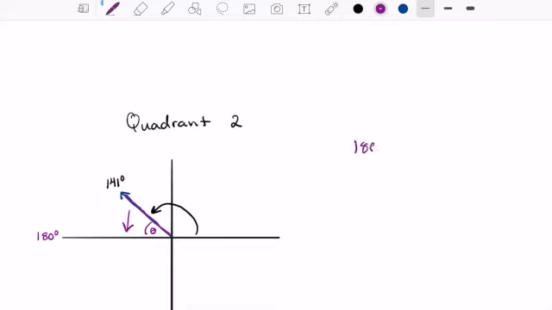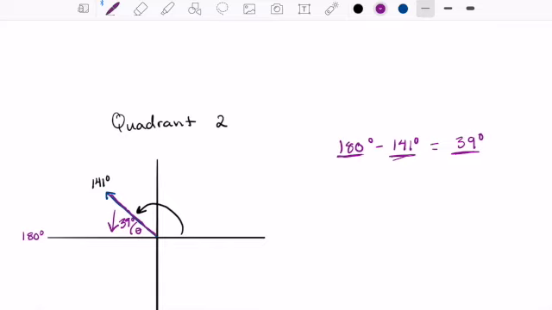So 180 degrees minus 141 degrees is going to be 39 degrees. That is our reference angle. Since we get 39 degrees here, our reference angle is 39. So in quadrant 2, it's always going to be 180 minus your standard position angle to find your reference angle. Again, super simple. Let's try another one.